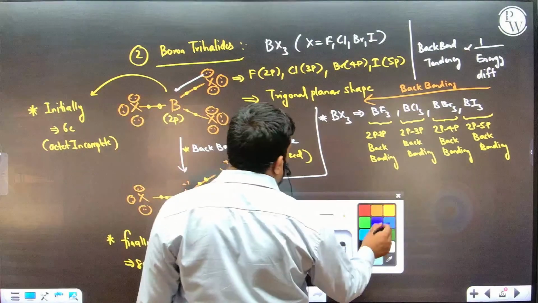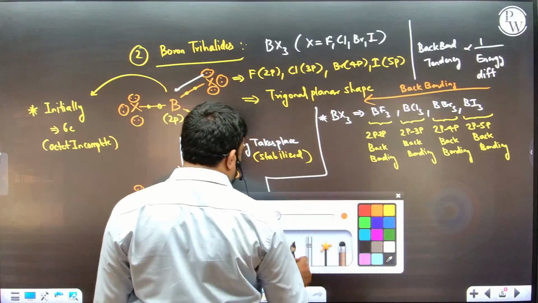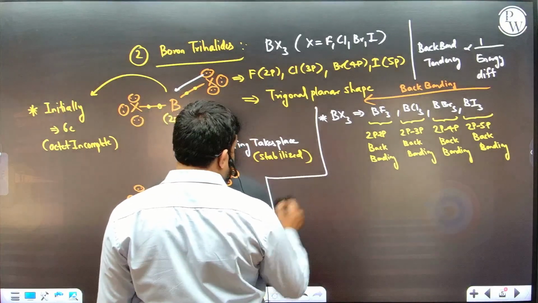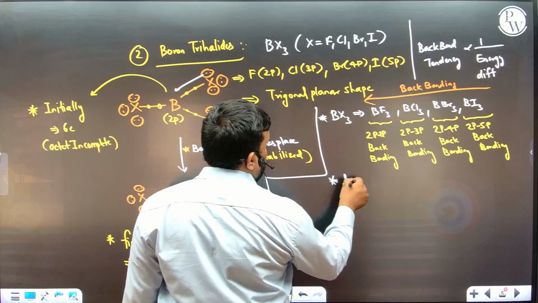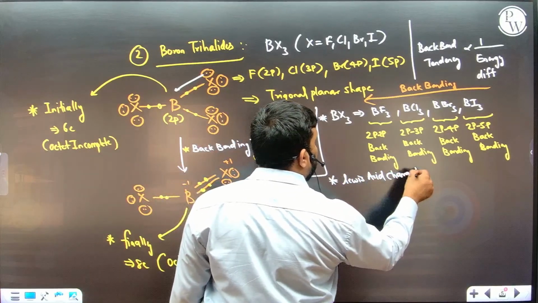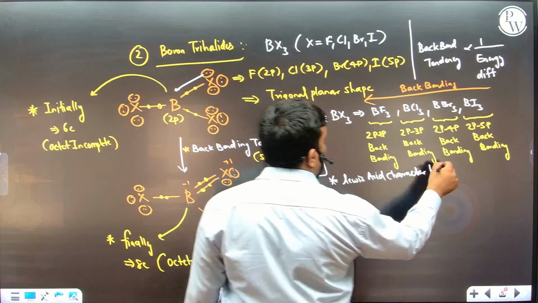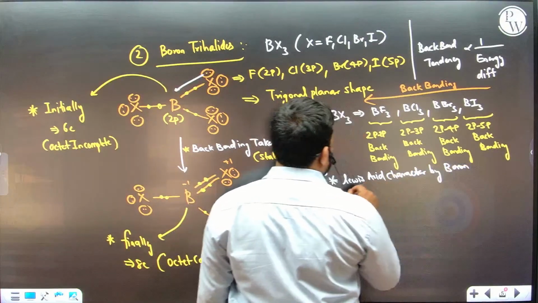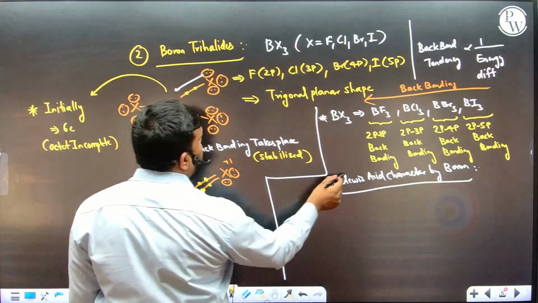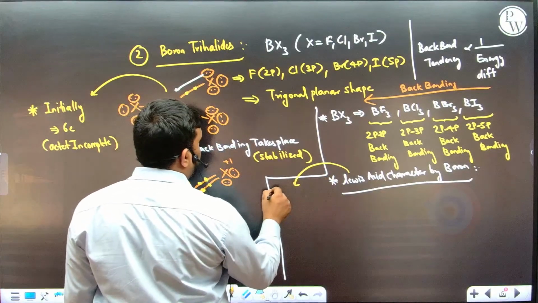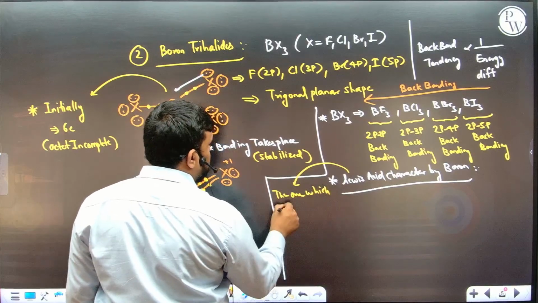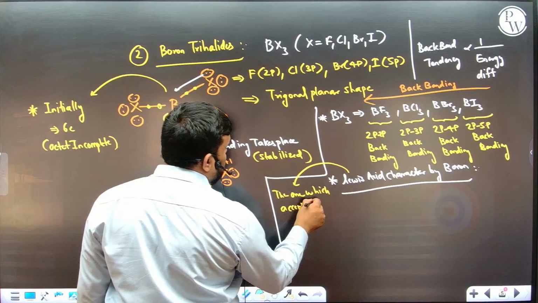Now I am talking about one more thing which is opposite to this back bonding, and that is Lewis acid character by boron. See, what is Lewis acid character? Let us first understand the definition. A Lewis acid is one which accepts a lone pair.